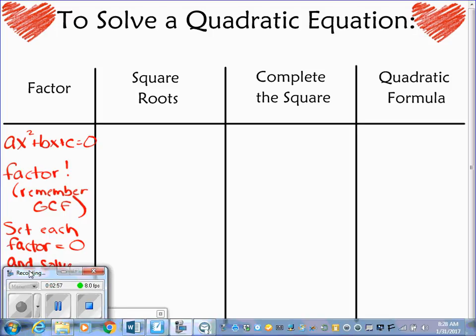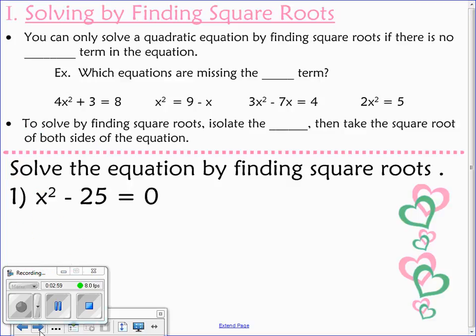So hold your pink sheet off to the side for a second. We'll add to it in a minute. But back to your notes, solving by finding square roots. You can only solve a quadratic equation by finding square roots if there is no blank term in the equation. Any guess which term is missing? The b term. Very nice. If there is no bx term in the equation.